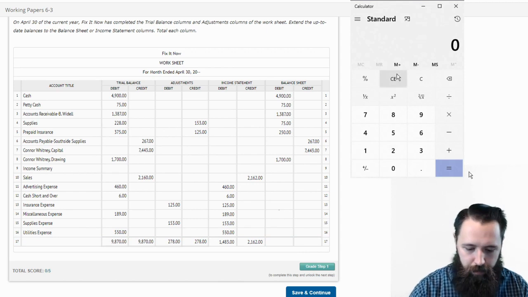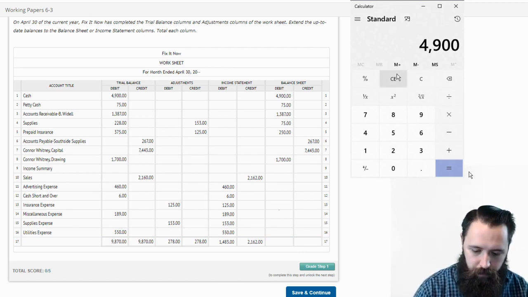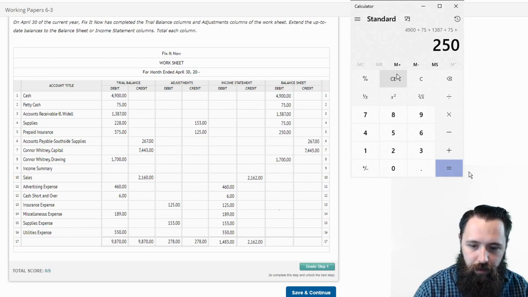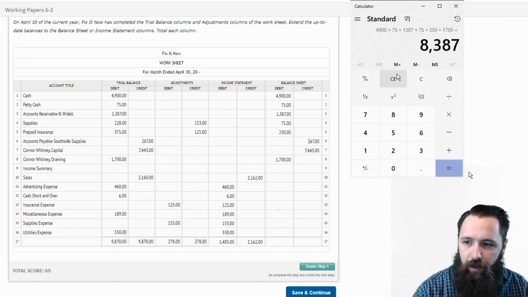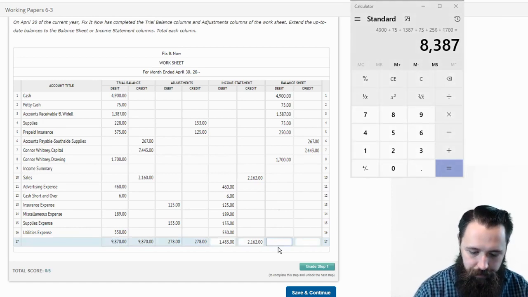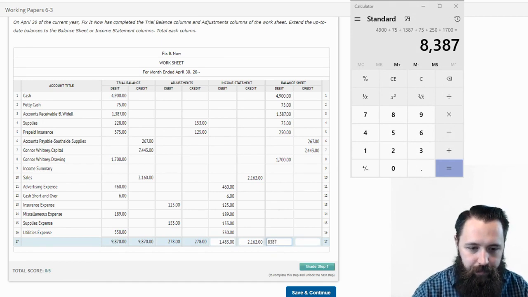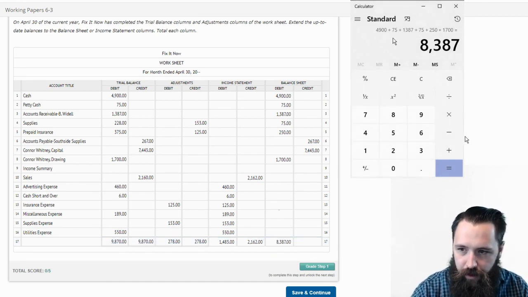Let's add these up. I have 4,900 plus 75 plus 1387 plus 75 plus 250 plus 1,700. I get 8387. Let's look at those numbers again. Okay, looks good.